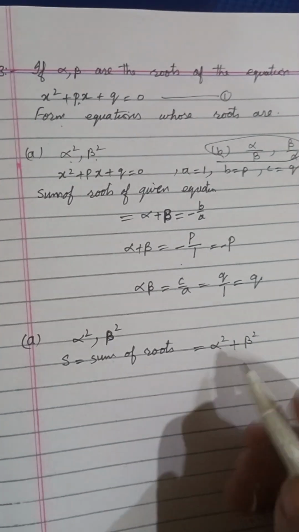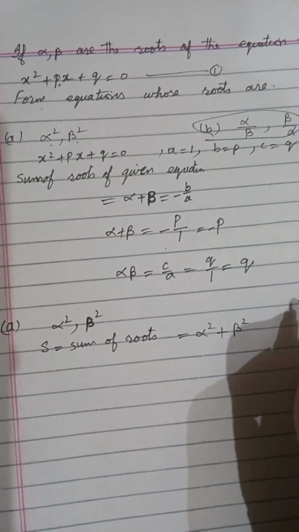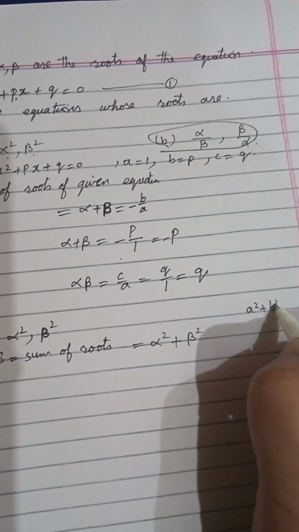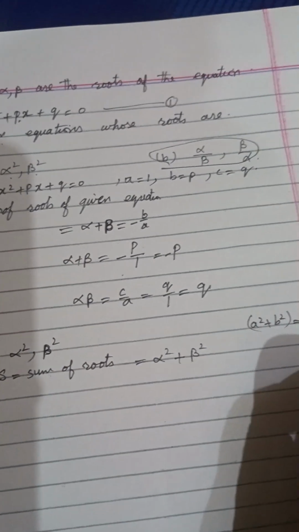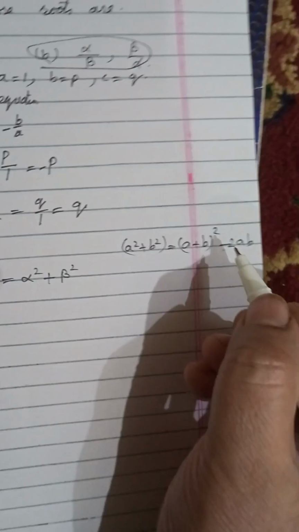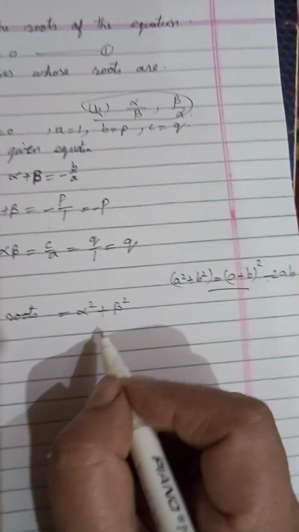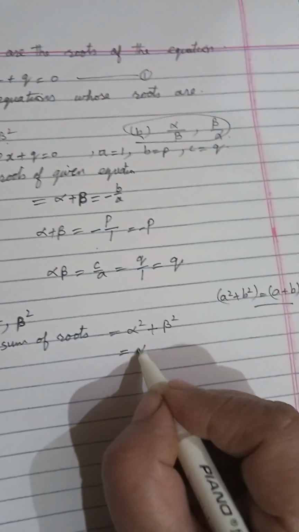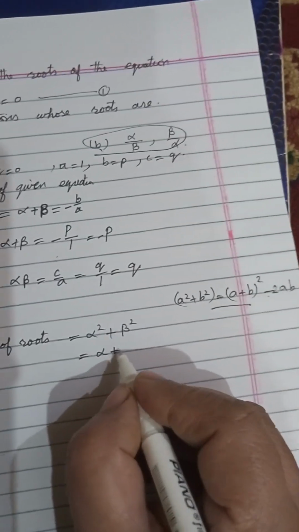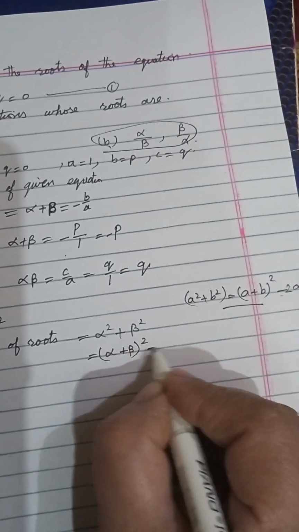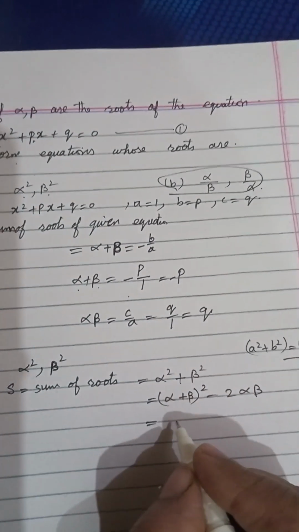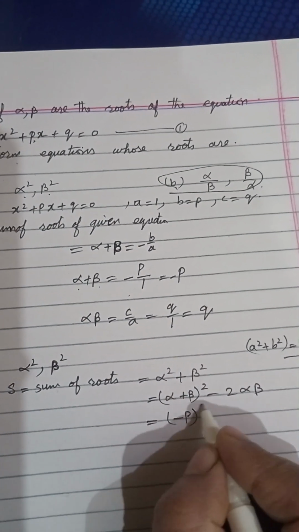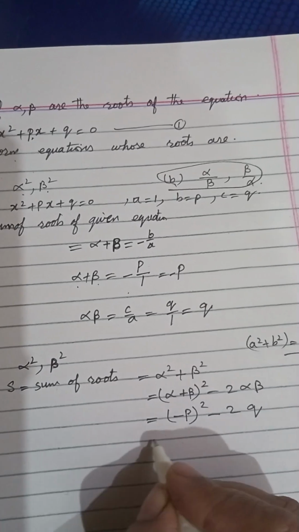According to the algebraic formula, a² + b² = (a + b)² − 2ab, we can write this as (alpha plus beta) whole square minus 2 alpha beta, which is (minus p) square minus 2q.